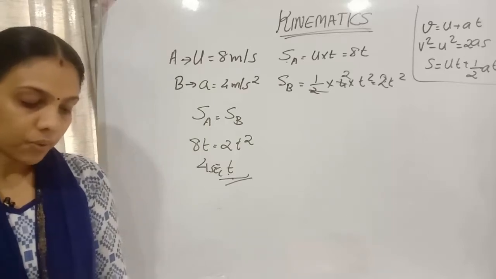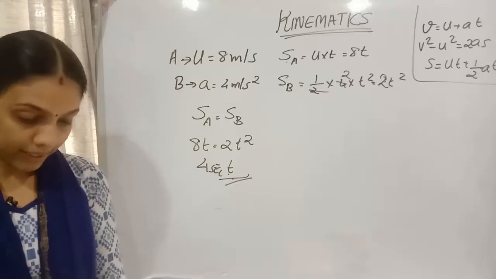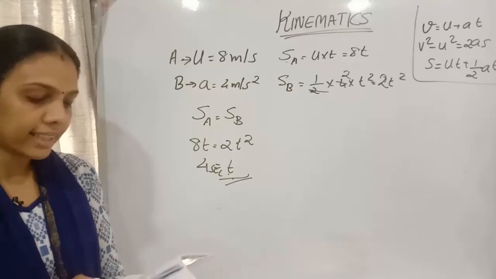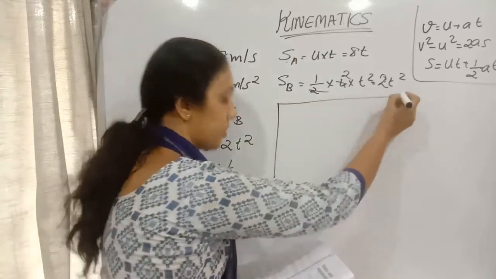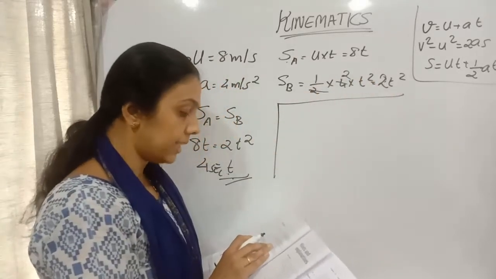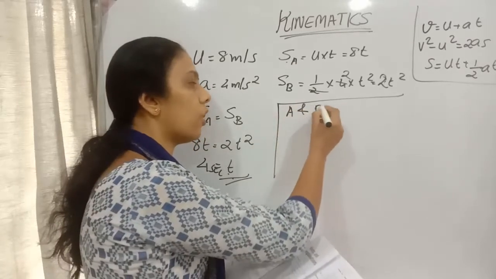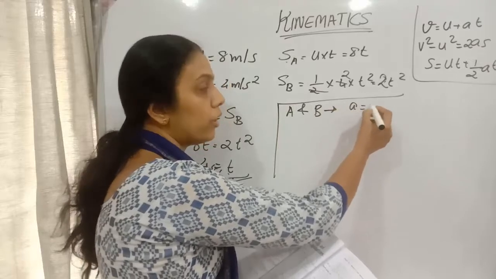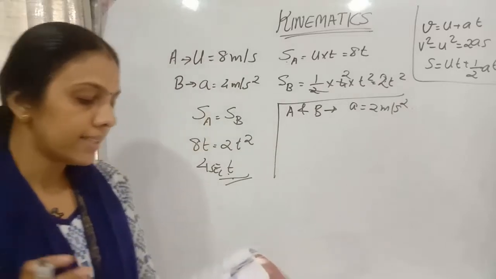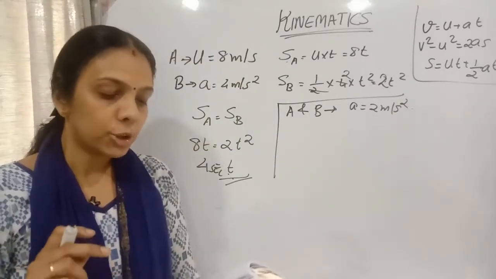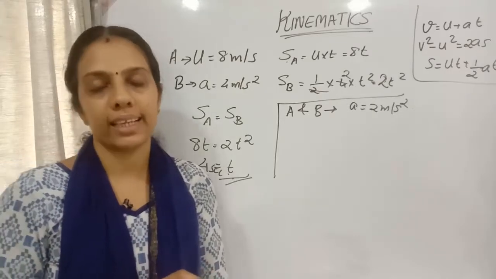If B starts 1 second later, then the two bodies are separated at the end of the next second by how much? So A and B are two objects starting from rest from the same point with uniform acceleration of 2 meter per second square.